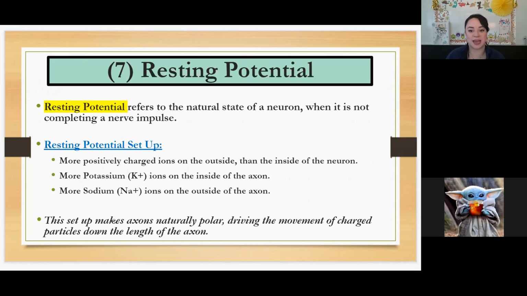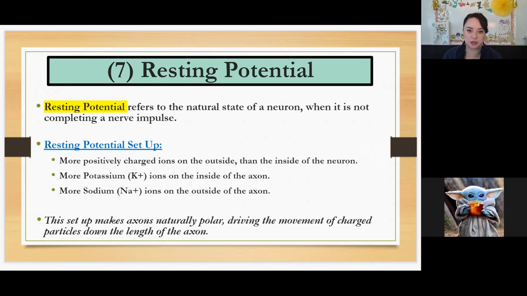You might remember from chemistry that whenever we have an imbalance of charge, we say that something is polar, kind of like with water molecules. So in this case, the axons of neurons are naturally polarized, meaning the outside of the neuron axon has a different charge than the inside.